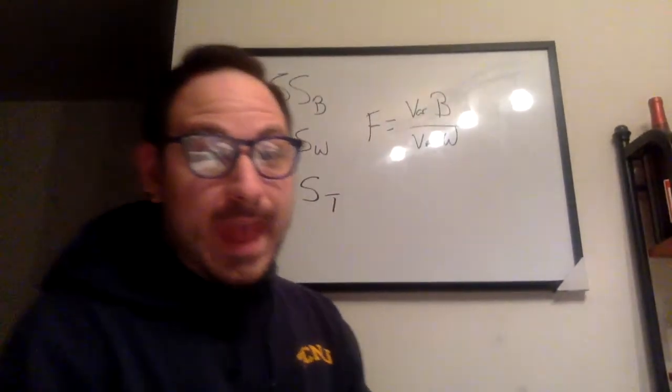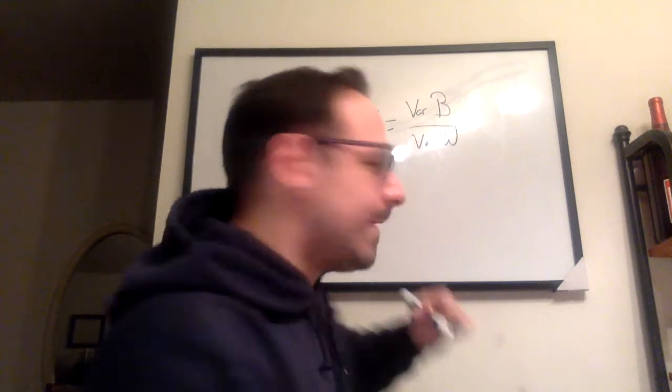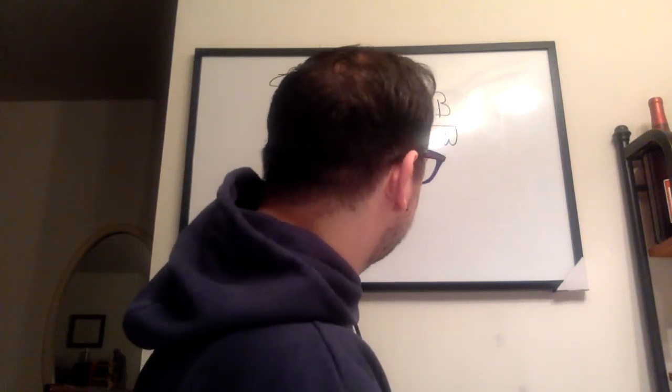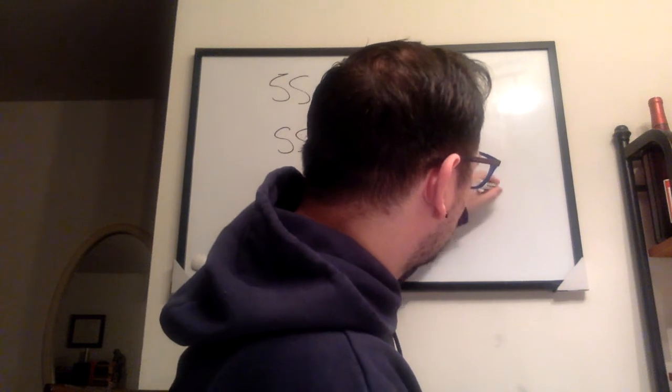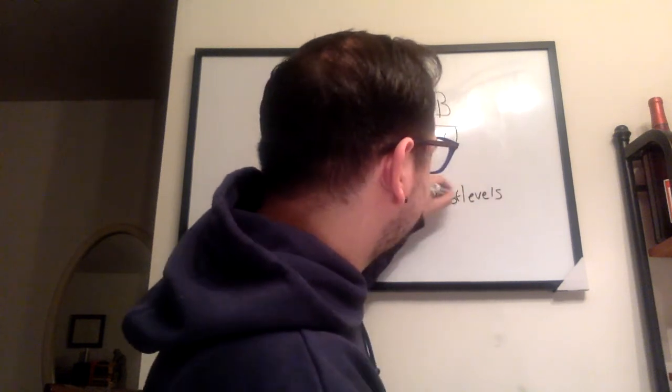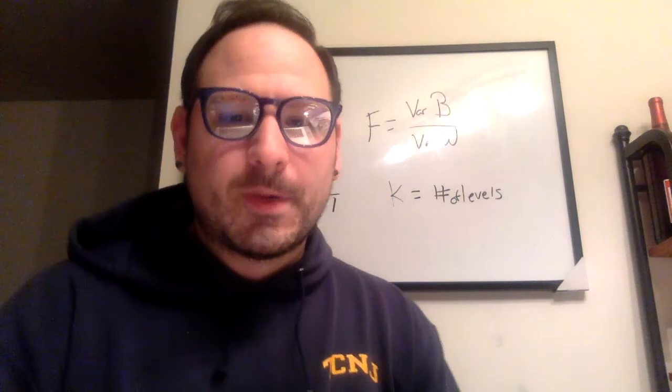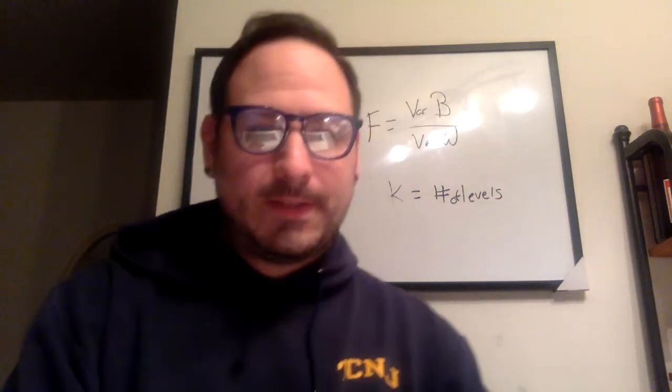There is one, however, piece of new notation that I think will be useful for you guys no matter what, and that's K. Actually, K is not new. I've talked about K before, but K is the number of levels you have or number of groups you have. Okay, and there's a reason you'll need to know that in just a second.